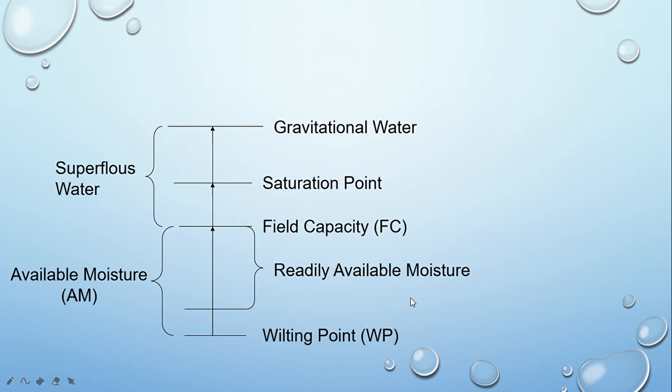Di ba hindi? Kasi hindi mo naman siya paabutin na maging tuyot bago mo siya patubigan. So, we have here a readily available moisture. So, meron niyang measure din. So, that's, ito na yung 50% of the available moisture or 30% or 70% of the available moisture. So, you will be discussing this more in your higher subjects in irrigation.